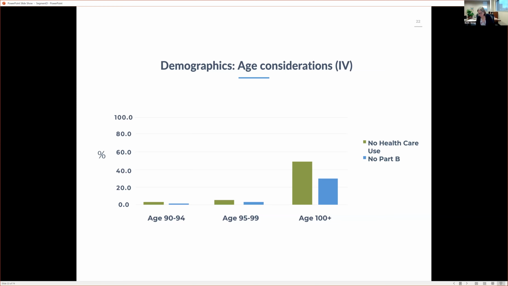And by the time we get to age 100 plus, where the mismatch between the census and Medicare was the greatest, we also see a measurable percentage of people 100 years and older who in the calendar year in question had no healthcare use, and almost an equal amount didn't even have Part B coverage.